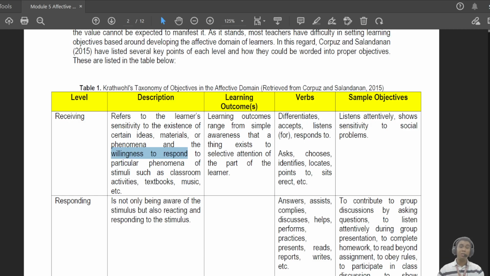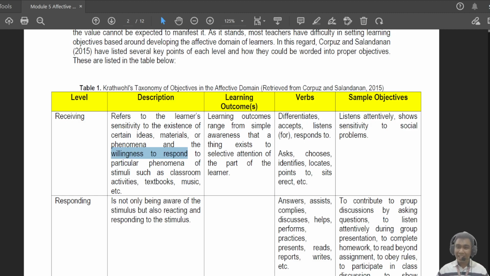So for example, the objective "listens attentively to the explanation on the definition of fractions" is already affective domain. So you can already put an affective domain in your objective when they listen attentively.